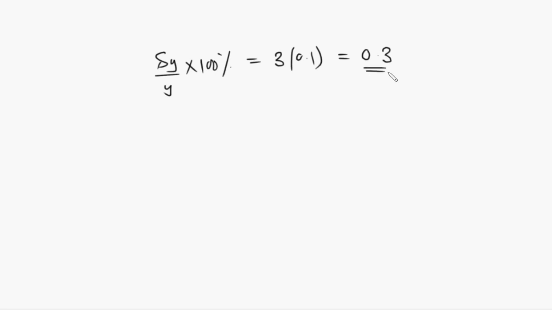So delta y over y times 100% is equal to 3 times 0.1, which is 0.3. So the percentage increase in y due to 0.1 percentage change in x is 0.3. So 0.3 is our answer. That is the concept here, approximation.